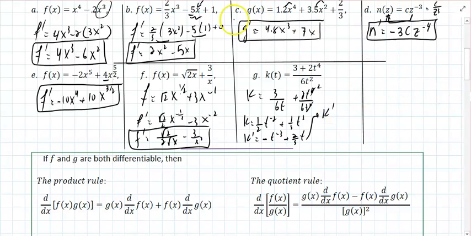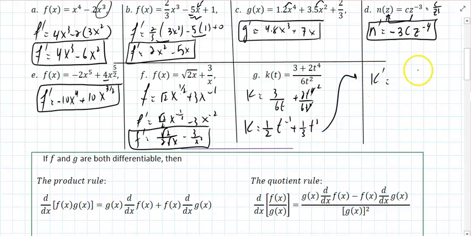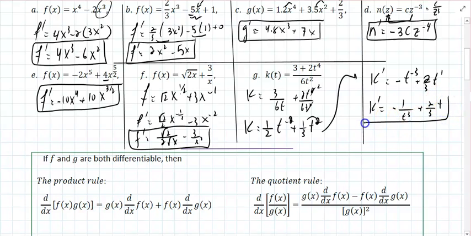K prime would equal, bring the power down, the negative 2 and 1/2 cancel out, subtract 1 from the power, bring the power down, there it is.